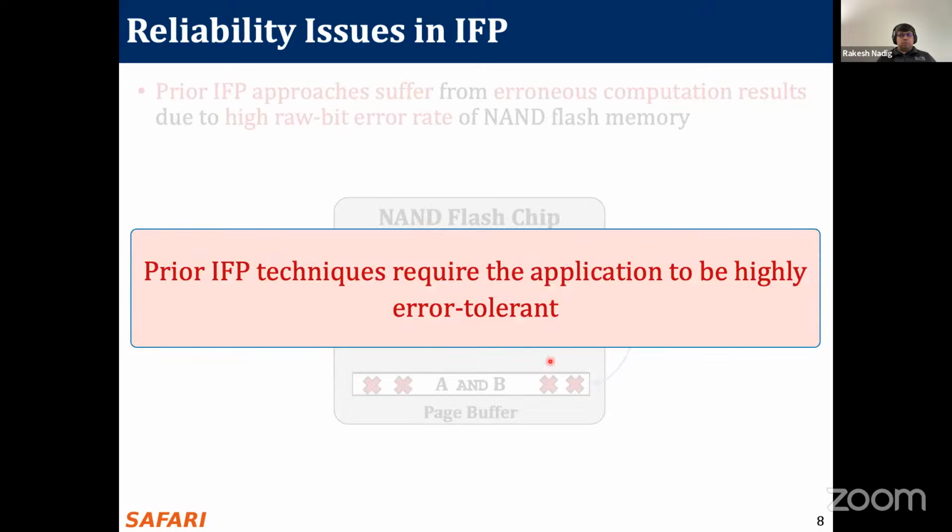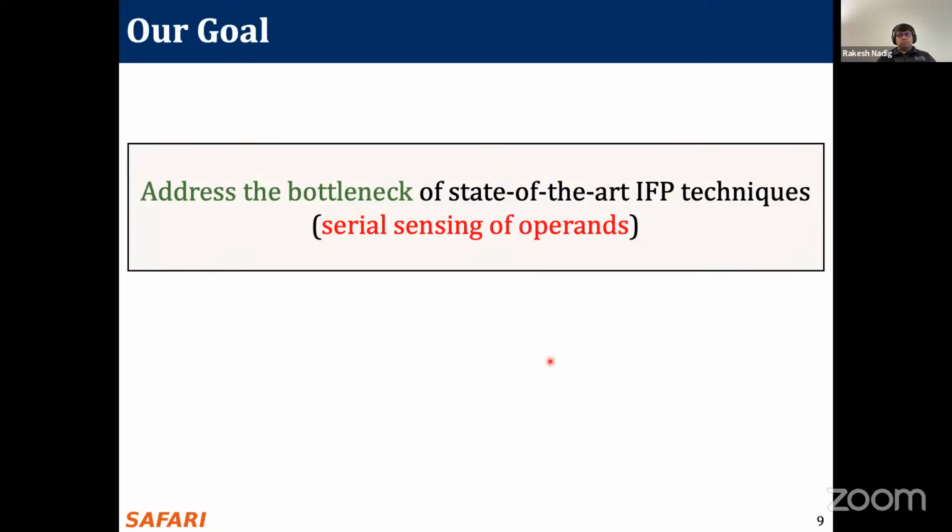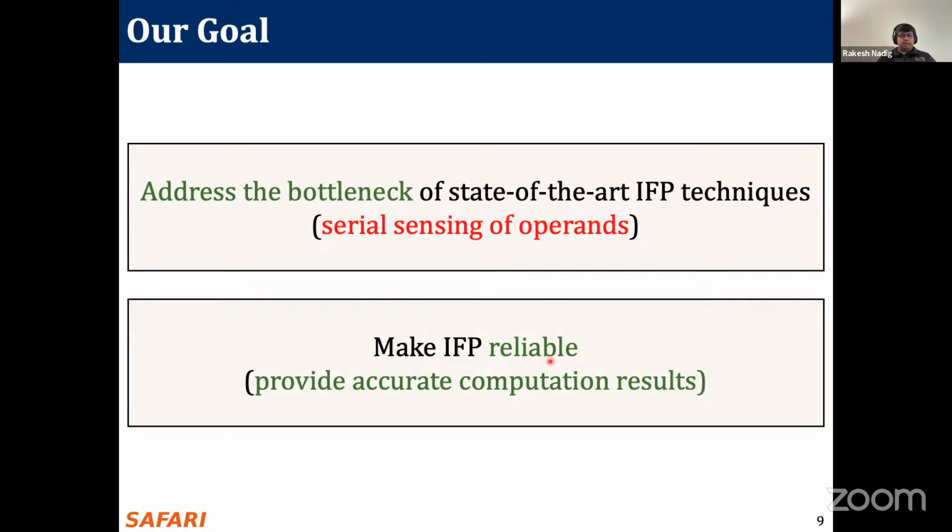So these IFP techniques require the applications to be highly error tolerant, and only then can these kinds of techniques be utilized. Our goal in this work was to address the bottleneck of state-of-the-art IFP techniques, which is to fix the serial sensing of operands, and also make IFP more reliable, which is to provide accurate computation results.